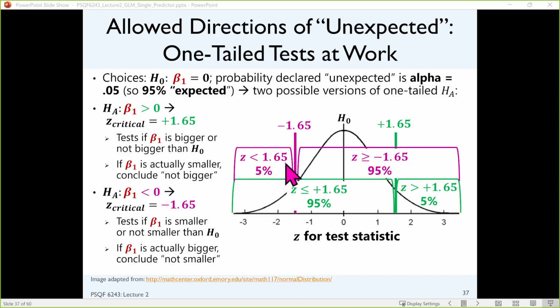If I had a hypothesis that went the other way, then I would load up this 5% over here as my definition of unexpected, and everything that way would be expected territory. So in this case, if I hypothesize a negative slope and I end up over here, I would say, yeah, it wasn't negative, and that'd be the end of the story. I wouldn't say it's positive. So in everything that we're going to do, we're going to allocate the possibility that what I could get could be either positive or negative and be unexpected. That's a two-tailed test.